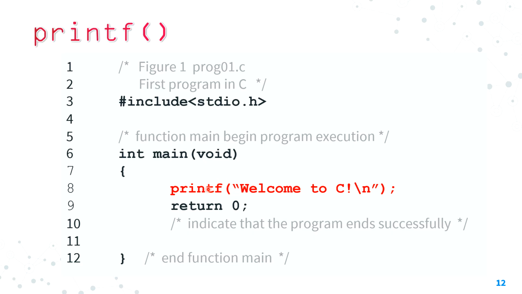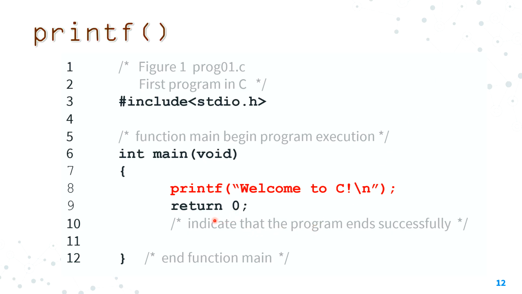The F in the word printf represents format. So it can print both text and variables using format specifiers, making it useful for displaying results clearly.